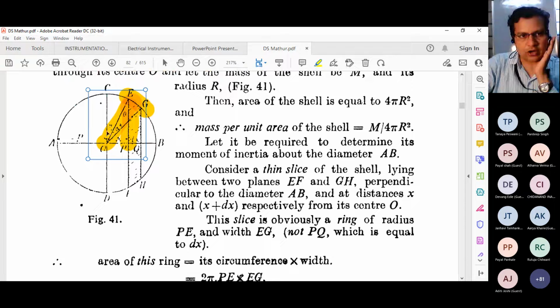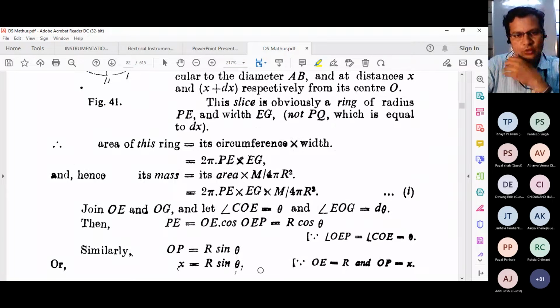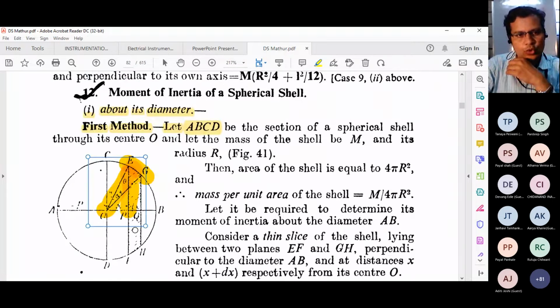So this geometry we need to do over here is that the angle COE is theta, and EOG is an angle d theta, right? And PE makes an angle, cosine of OEP into OE.